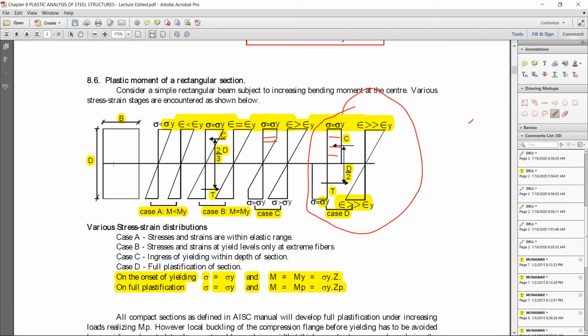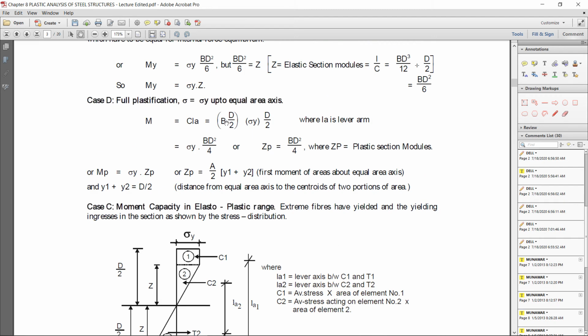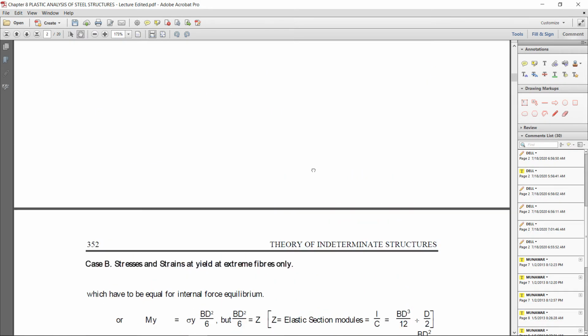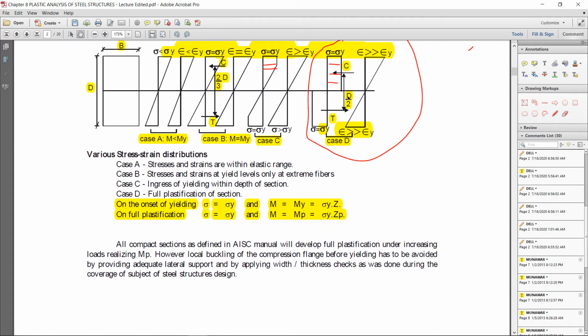The width of this section is B and the upper portion depth is D by 2, on which this stress is acting, and the resultant of the stress is a force, a compression. So the area is B into D by 2 for the upper portion, and the stress is sigma y. Area into stress gives the force, that is C, and the lever arm, the distance between these two forces C and T, is D by 2.